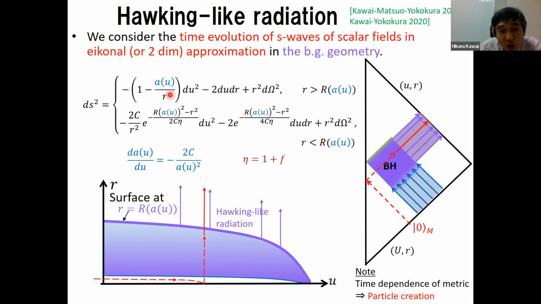Outside the surface, we have Vaidya, and inside the surface, we have this dense metric. And dA/du is proportional to capital C divided by A U squared. And here the symbol eta is 1 plus F. So for simplicity, we can set F equals 0, or eta equal 1. So we have some object with surface of radius capital R, and this R becomes 0 if U is large.